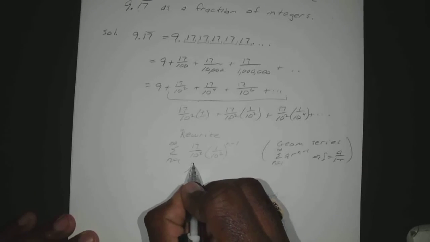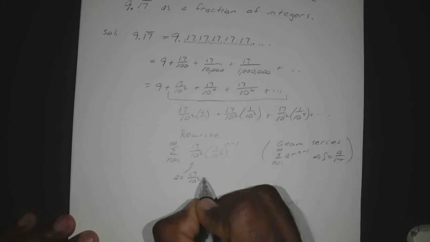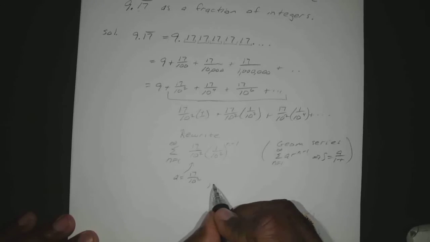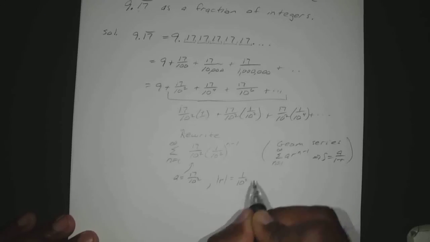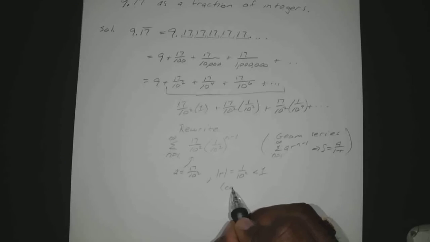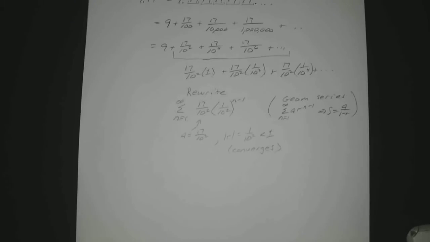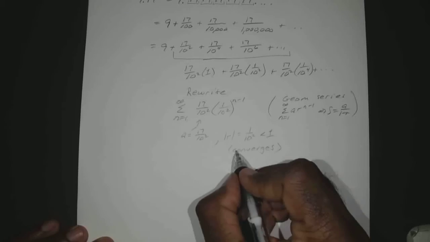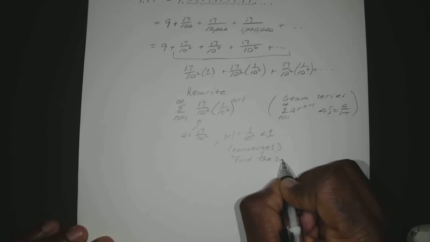Okay, so here, our a is equal to 17 over 10 squared, and our absolute value of r is equal to the absolute value of 1 over 10 squared, which is less than 1, so we know it converges. Okay, now once we know it converges, we just find the sum.